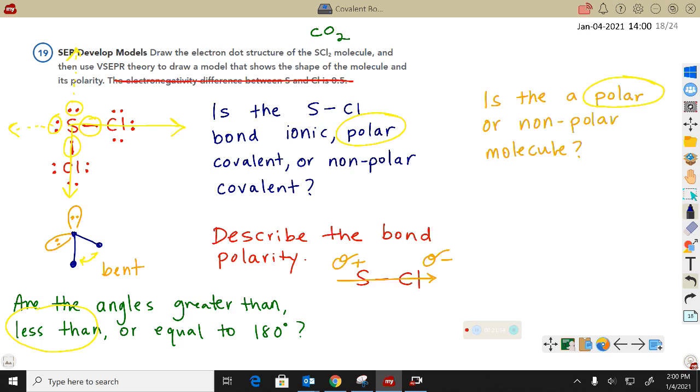Bent. So it could be this bent, where you've got 3 electron groups. 2 of them are bonds, and then the third spot is a lone pair. You could have the bent that we just drew, where you've got 1 atom in the middle, 2 atoms on the outside, but maybe 2 lone pairs.